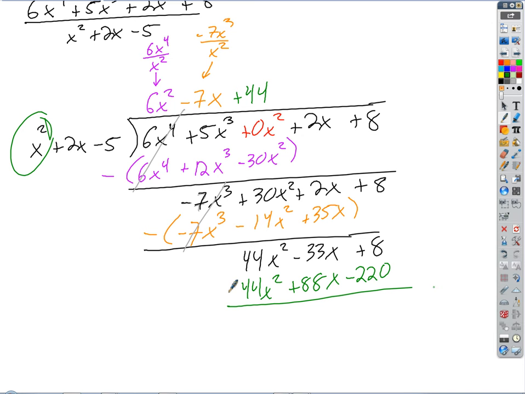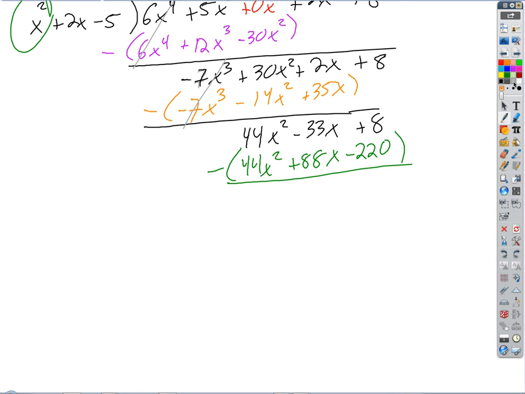And I'm going to subtract the whole thing. And what do I get? Well, the x squared terms cancel. Negative 33 minus 88. 8 minus negative 220.